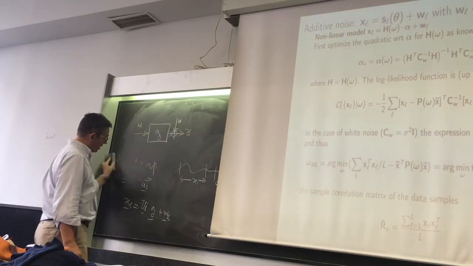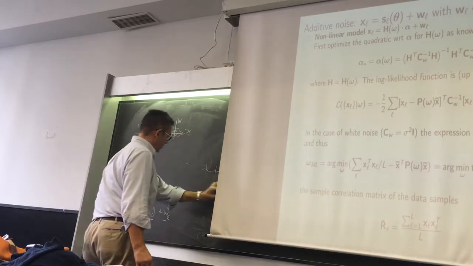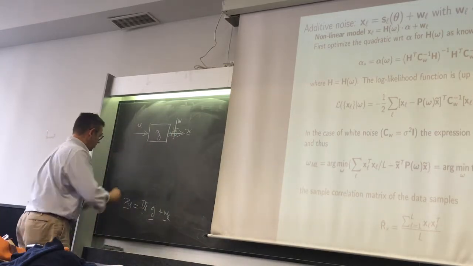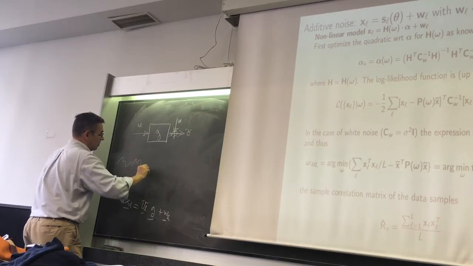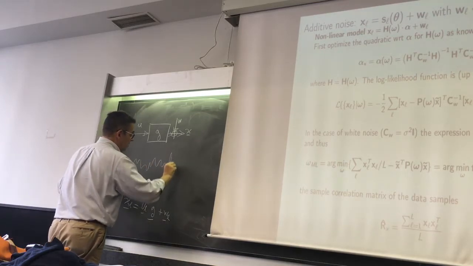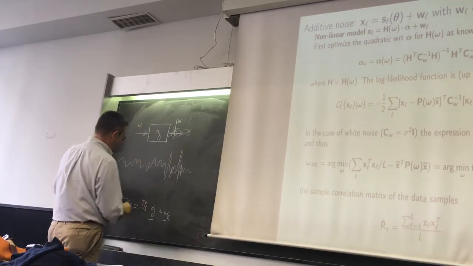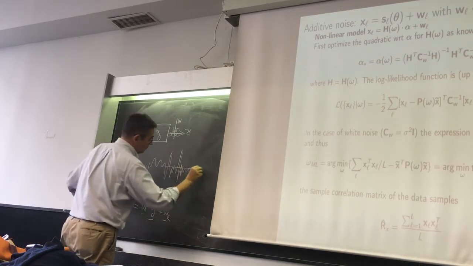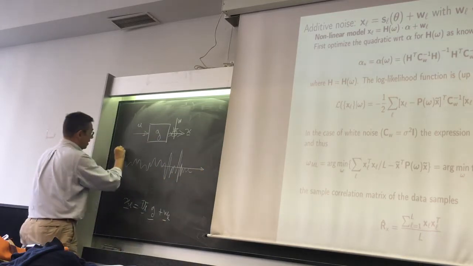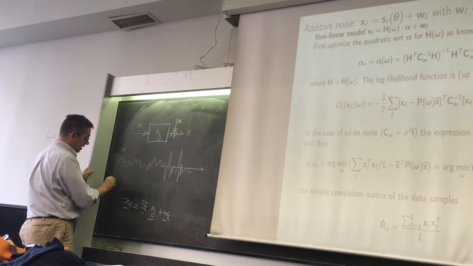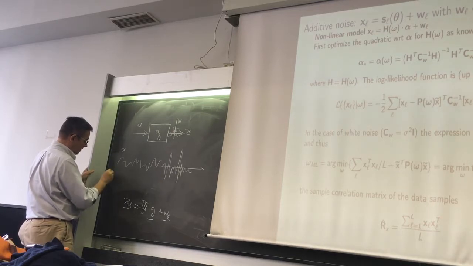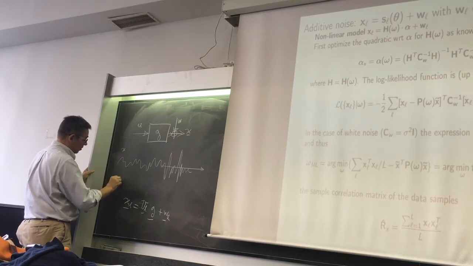So this experiment might be this way. We have a set of data, but at a certain point, the noise is growing. So this is the data. And then I have, let me say, the variance of W_K.